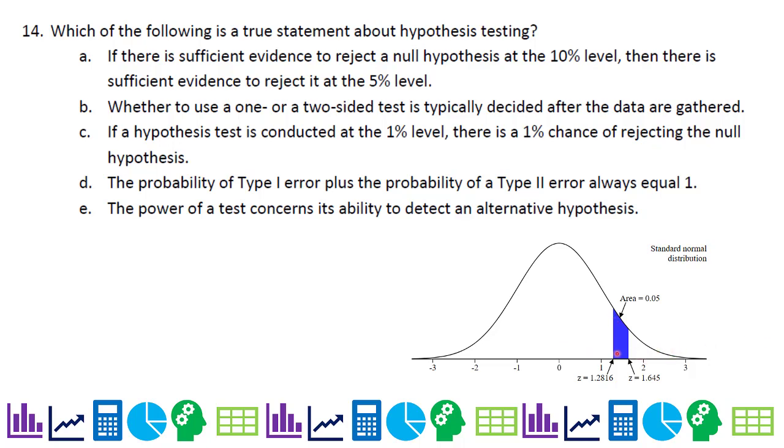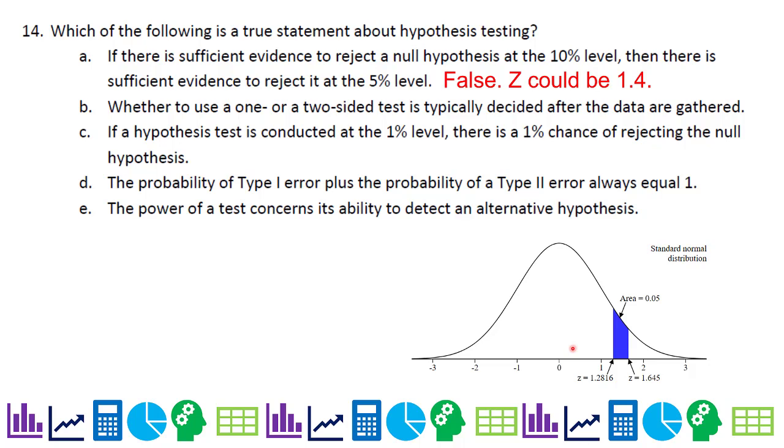So starting at Z is 1.2816 and up, that would all be rejection for an alpha of 10%. Whereas if we're doing an alpha of 5%, we would reject at 1.645 and up. So this is false because Z could be anywhere between these two for all we know, in which case we would reject for 10%, but not for 5%. So A is false.